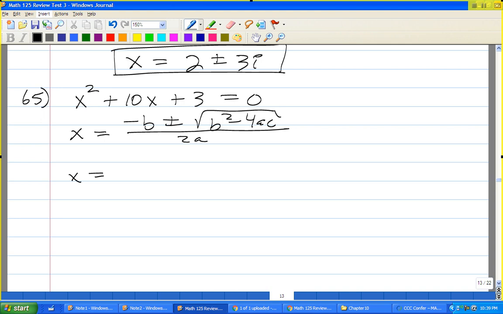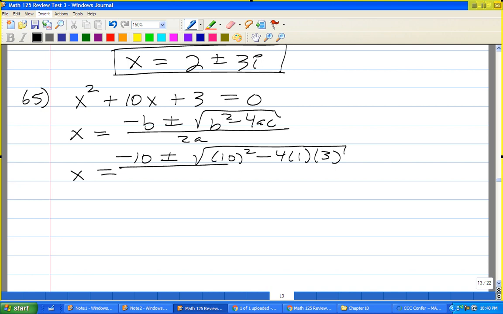And so x is equal to, b is a positive 10, so negative b is negative 10. Okay, so x is equal to minus b plus or minus the square root of b squared minus 4ac all over 2a.